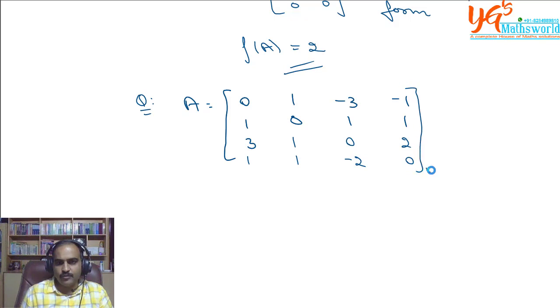So right now it is a 4 by 4 matrix, so that means rank will be either 4 or less than 4. Okay, I'll give you a hint. Here I require 1, but I have 0, here it is 1, so I can interchange R1 with R2. Do let me know what is the answer.